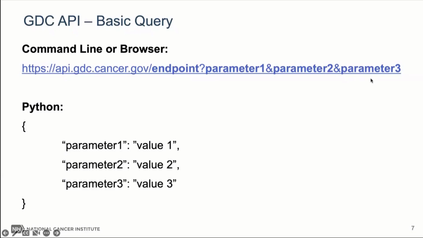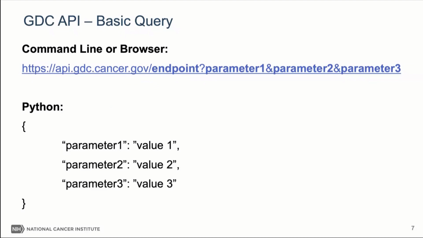So just to talk about the API usage, and I'm going to go through this kind of quick because I want to get to most of the demos, and I think there's some webinars that have this information. In general, the way it works is we have our GDC API main URL, which is api.gdc.cancer.gov, and then that's followed by a slash, and then the specific endpoint that you'll be using.